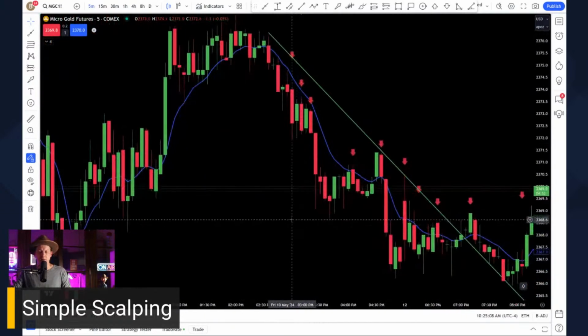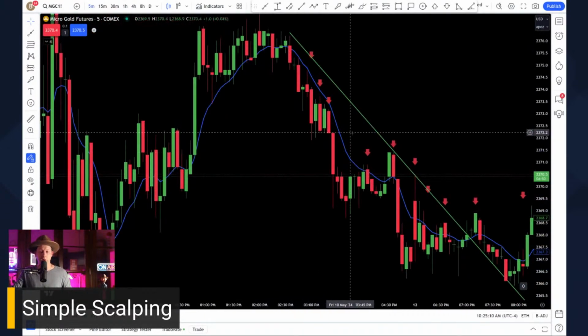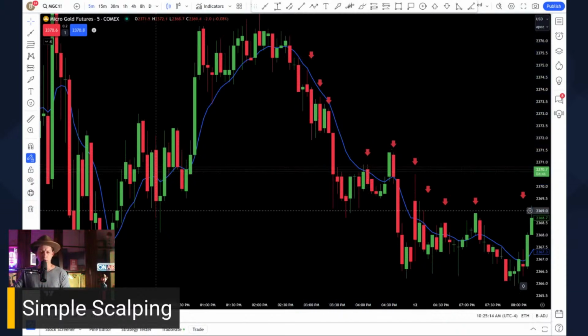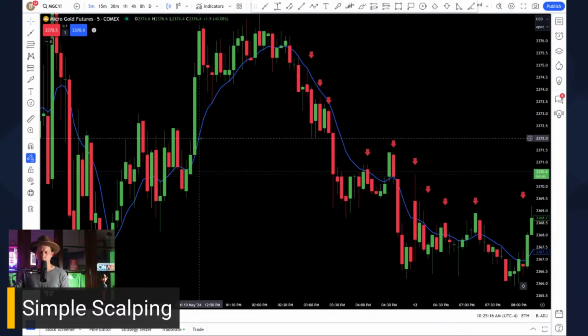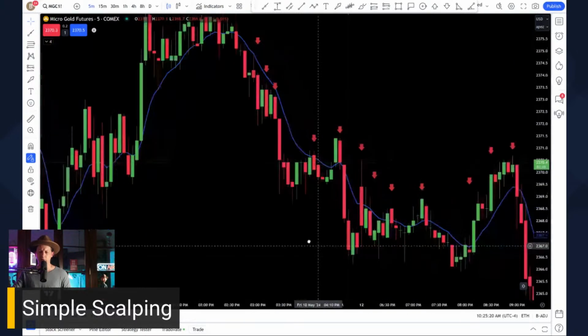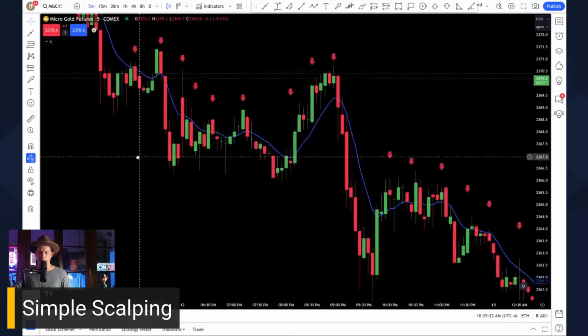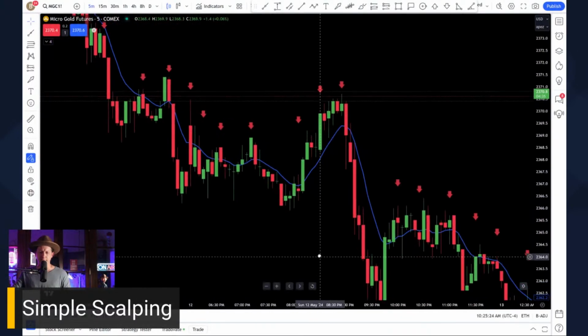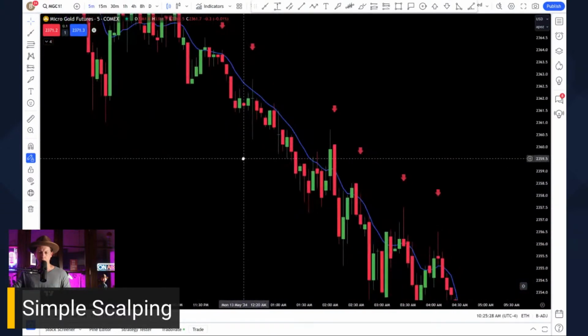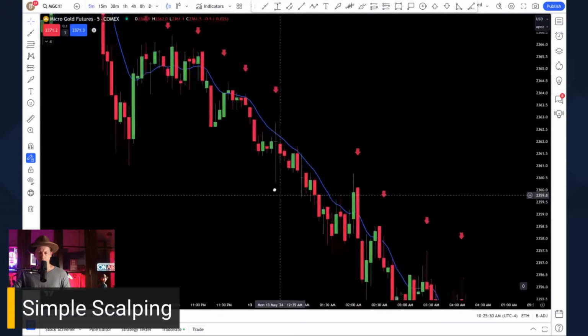But so many people have so many different indicators and they get crazy confused. This is a moving average. And if you don't want to have your moving average on here, use a trend line. But if you want to scalp like this, all the way down. This is what we were looking at.